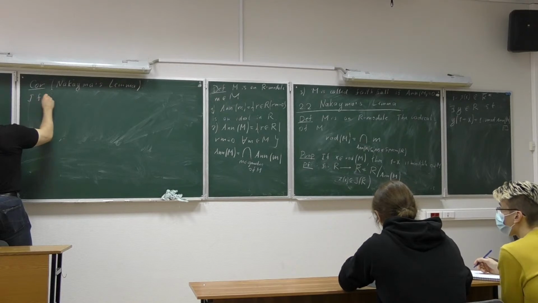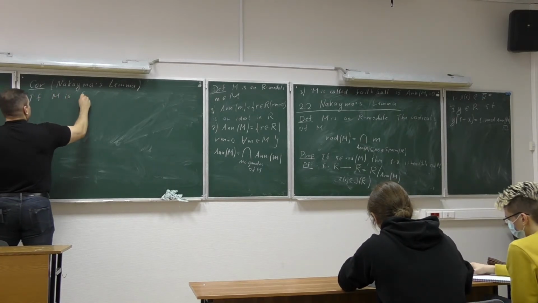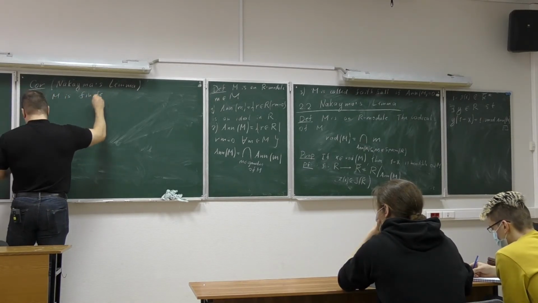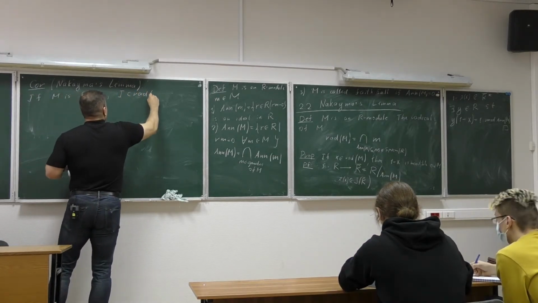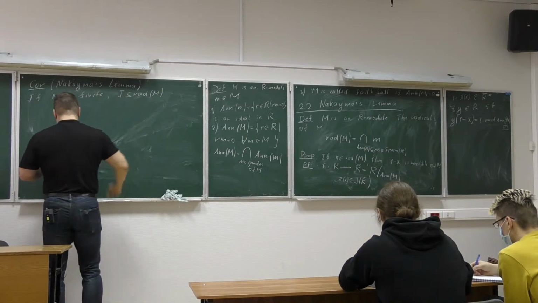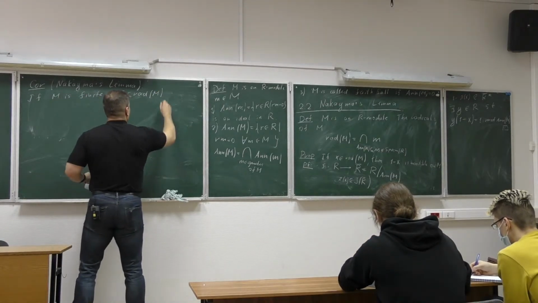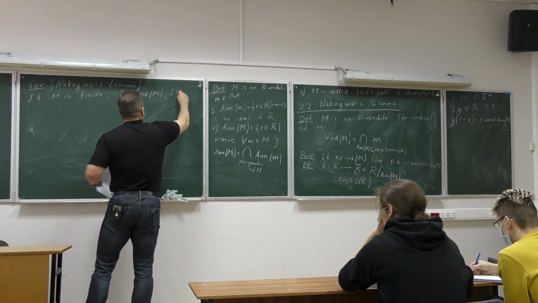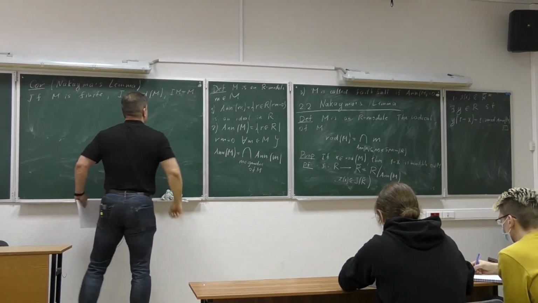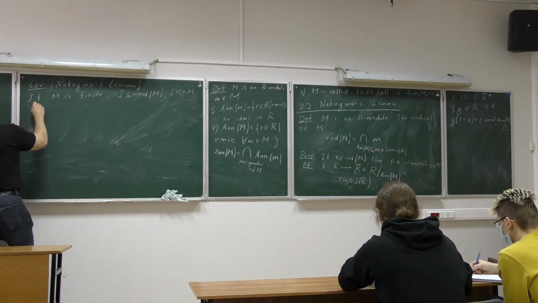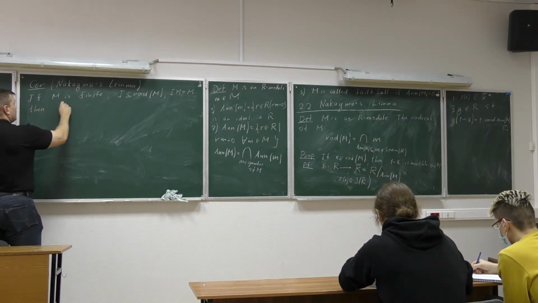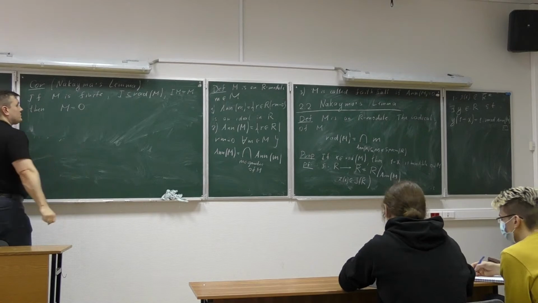If M is finite, you take an ideal I in the radical of M, and you know that the submodule IM is the same as the module M, then in fact your module is a zero module.